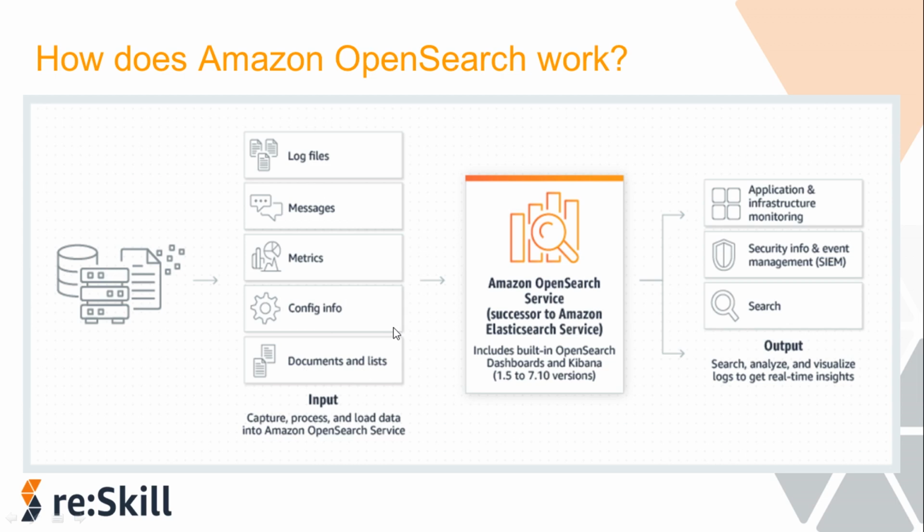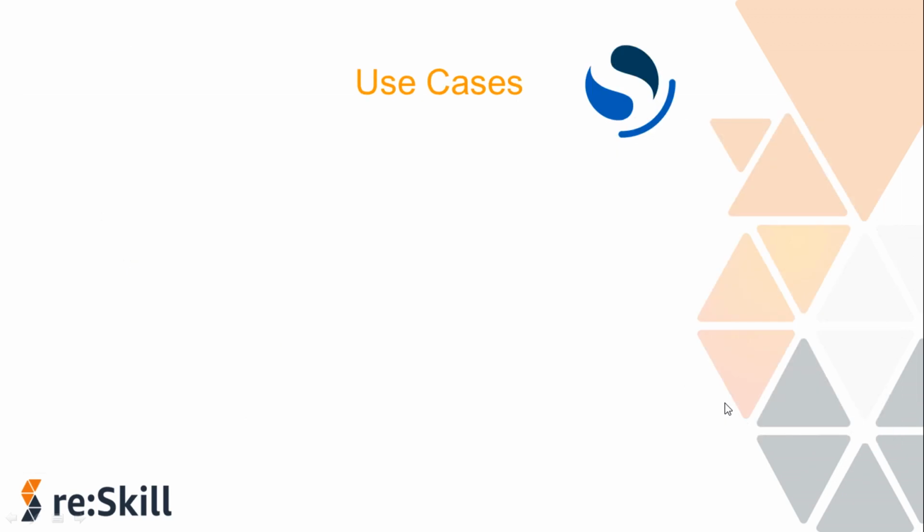Once the data is collected, it is provided as input to Amazon OpenSearch, and in return we receive real-time insights as output, and these outputs are used to monitor and debug the applications and infrastructure and for other use cases. Let's look into a few more use cases of OpenSearch.